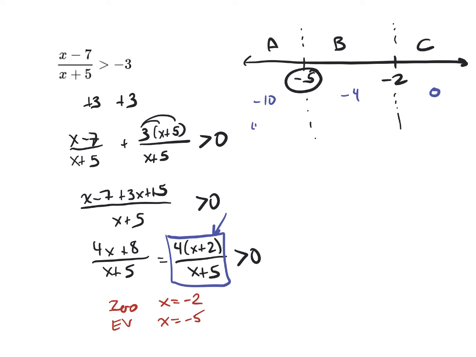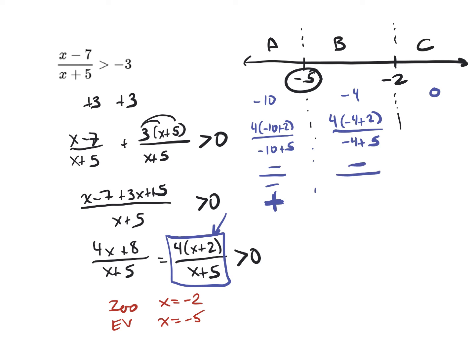So I'll get 4 times (-10 plus 2) over (-10 plus 5). That's a negative over a negative, which is a positive, because -10 plus 2 is -8. I'll have 4 times (-4 plus 2) over (-4 plus 5). That's going to be a negative over a positive, which is negative.